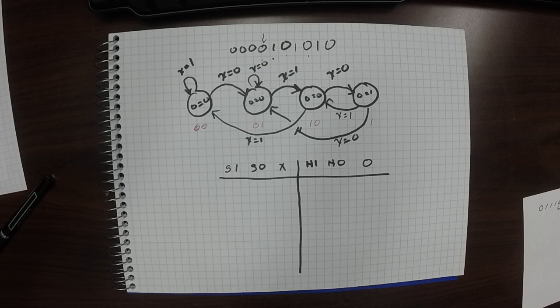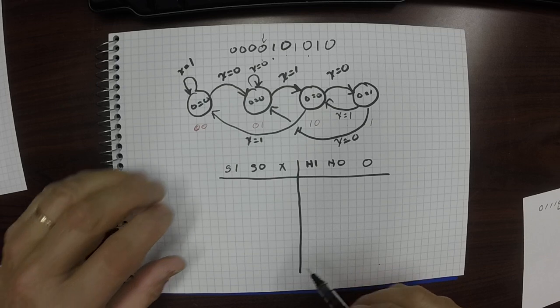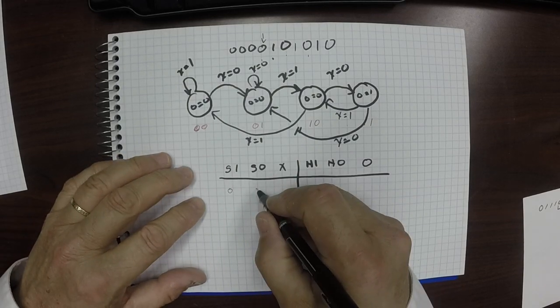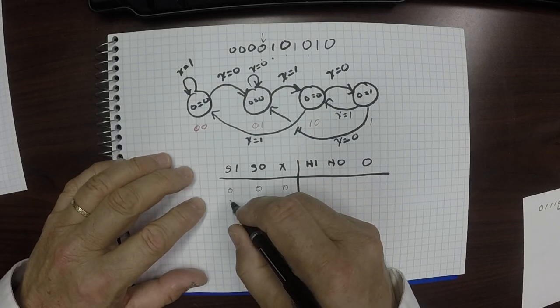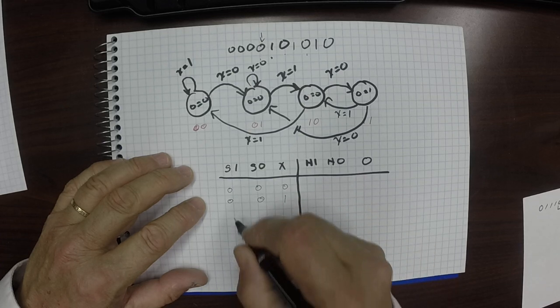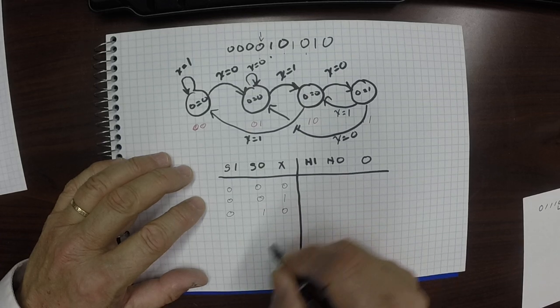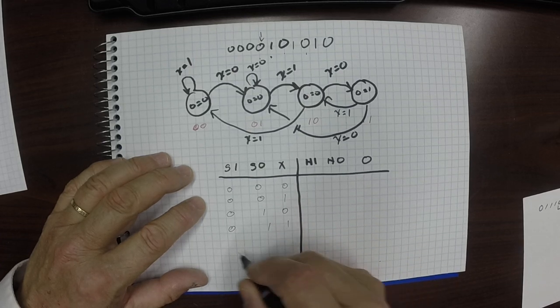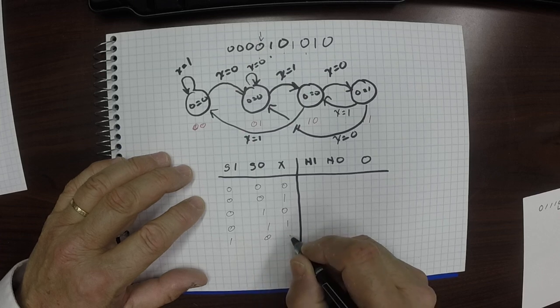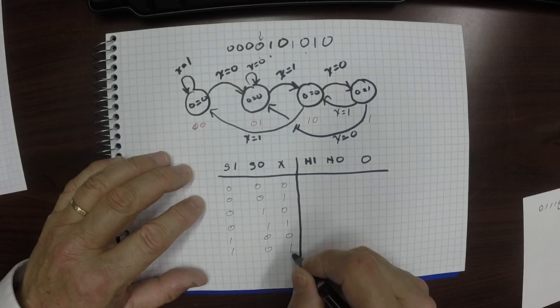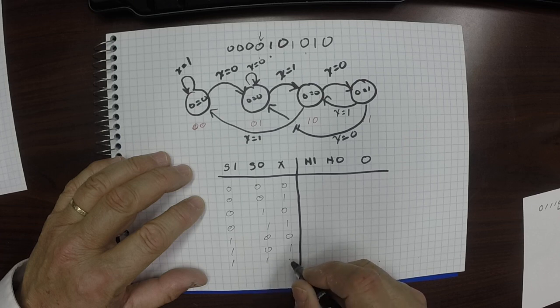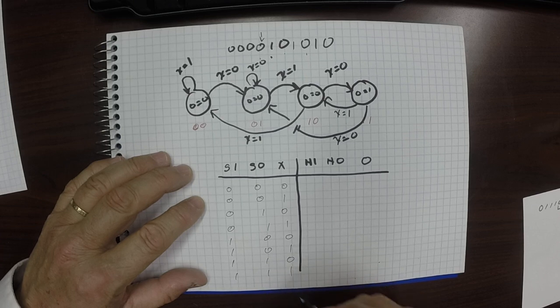Well, to do this, the very first thing you do is you've got 3 bits over here. That's going to be 8 numbers. 0, 0, 0, 0, 0, 1, 0, 1, 0, 0, 1, 1, 1, 0, 0, 1, 0, 1, 1, 1, 0, and then 1, 1, 1.